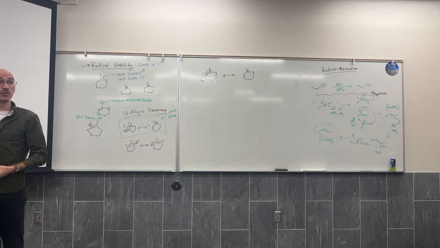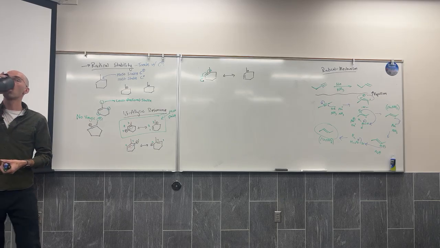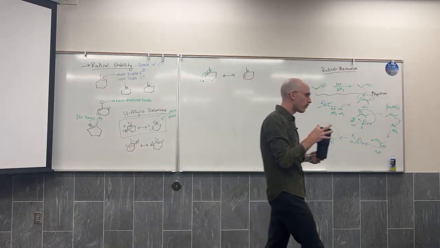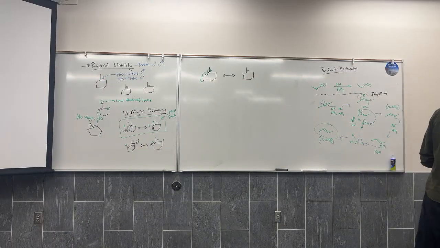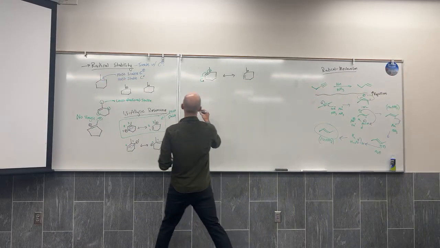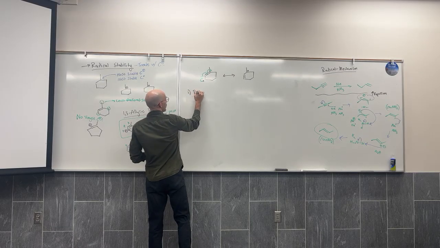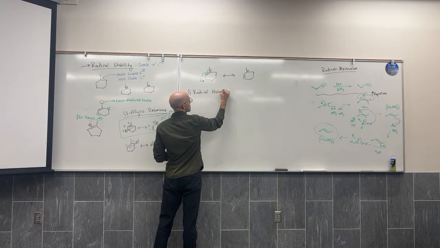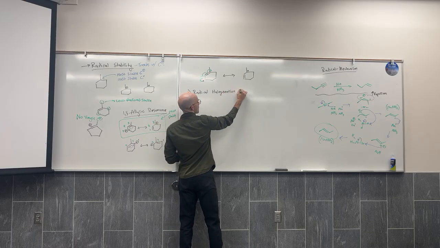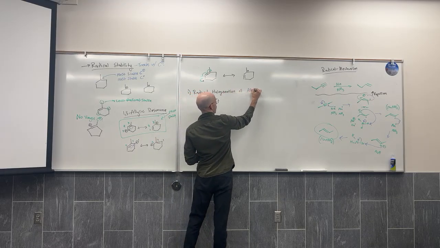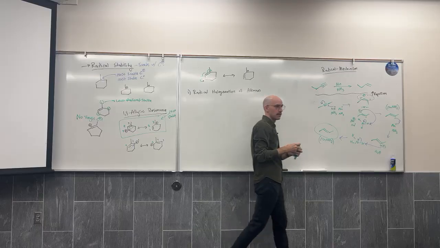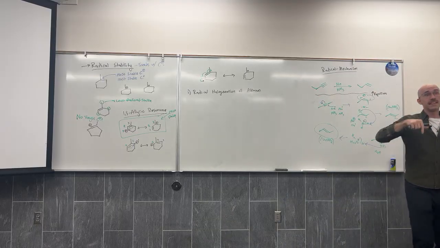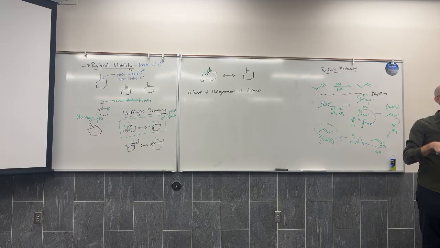So let's see what we can do with radicals, shall we? First, I want to show you guys radical halogenation of alkanes. If you're paying attention, this is the first reaction where alkane is the starting material.